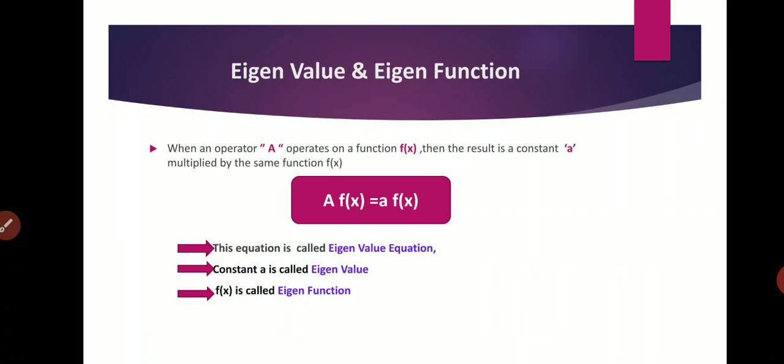Then the result will be the same function multiplied by a constant value. This equation is called the eigenvalue equation, and the constant is called the eigenvalue. f of x is called the eigenfunction.